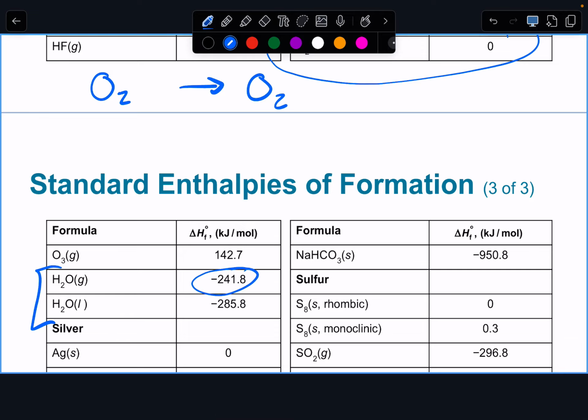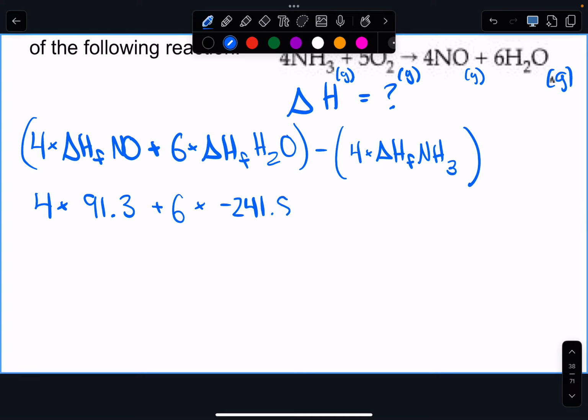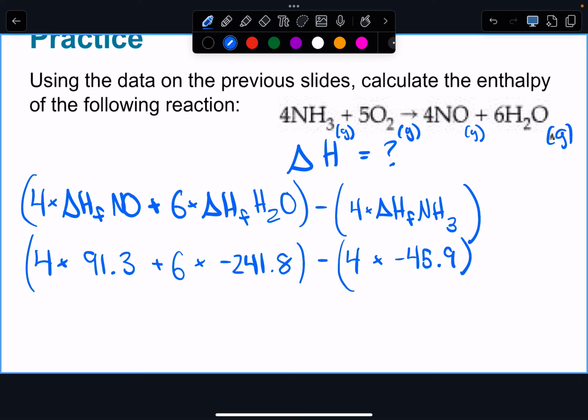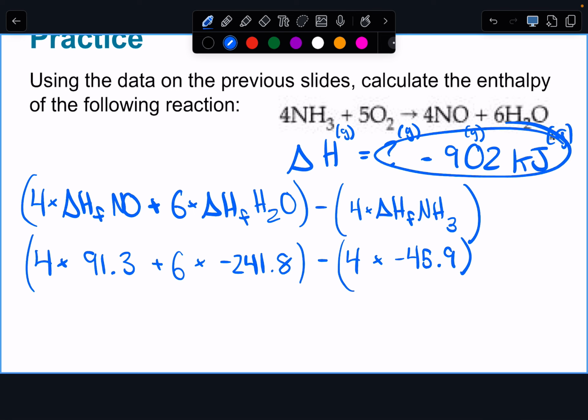Think of it as final minus initial, products minus reactants. Anybody else get that? Yes. Okay.